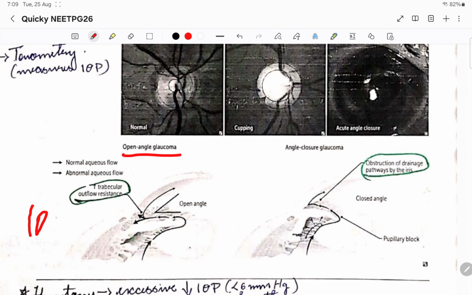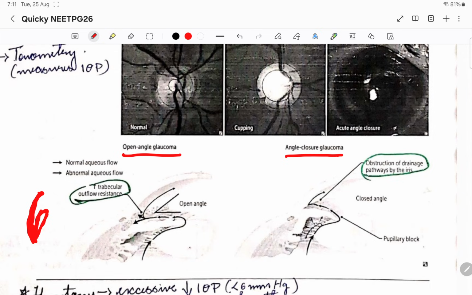If this angle is closed, like if the cornea is very close to the lens, what happens to the iris? The angle will be very closed, right? Open, closed. This is what angle closure glaucoma means.